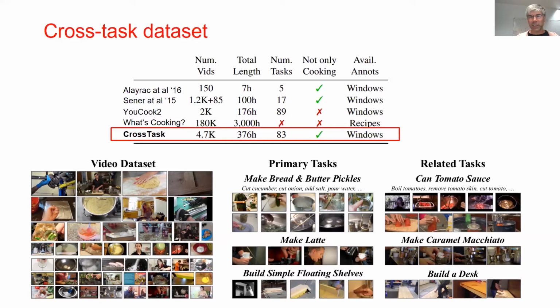There are 18 primary tasks in total, and a few hundred videos for each one. Again, this annotation is only used for evaluation. This time it's not used for training. The goal is to do everything unsupervised or self-supervised, provided the videos and transcripts.